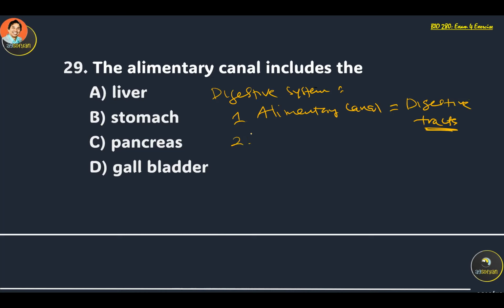The second one is called the accessory organs of the digestive system.